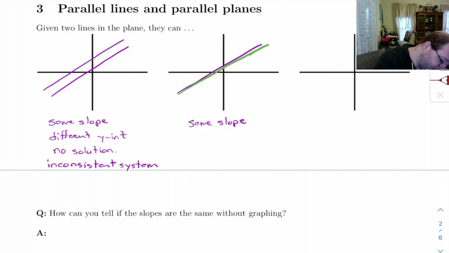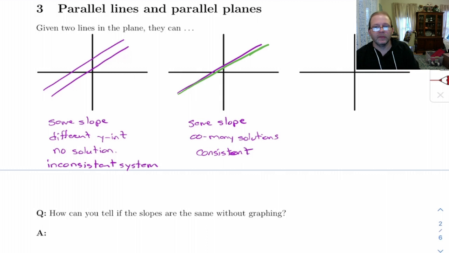So if we think about how many solutions this has, a solution is any point that lies on both lines. Well, since they're the same line, there are infinitely many solutions. Any point that's on the line is a solution. So it's got infinitely many solutions. And this is a consistent system because it has at least one solution.